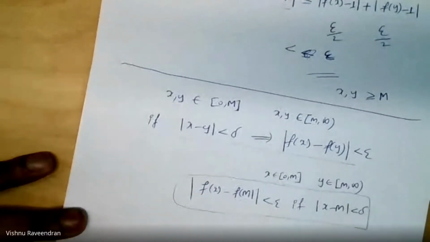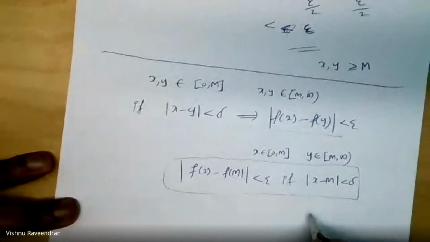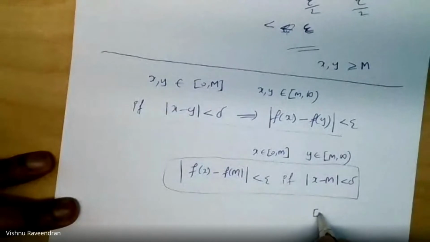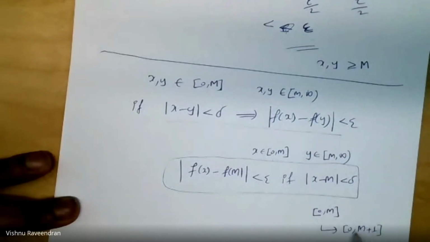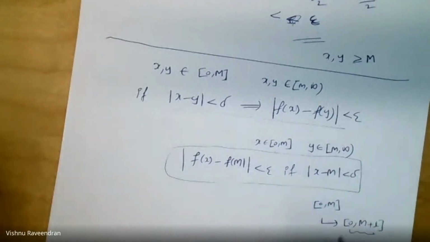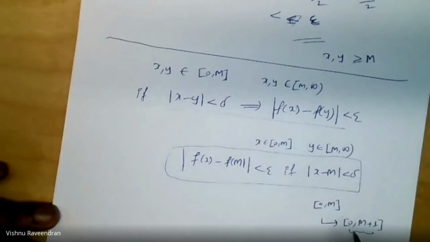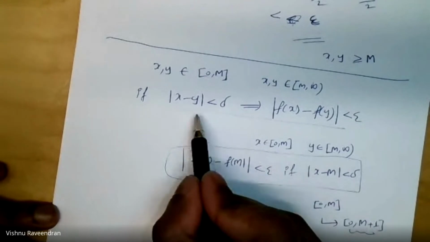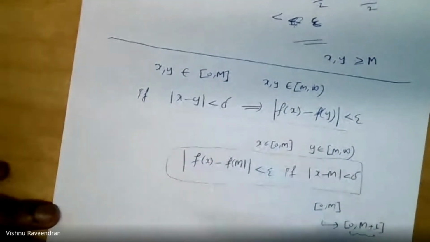And another method you can go for is that instead of taking 0 to m, consider the interval 0 to m plus 1. In this interval also, f is uniformly continuous, and you can just find a delta there, and that will also fix the uniform continuity.